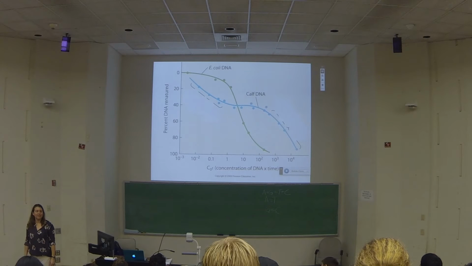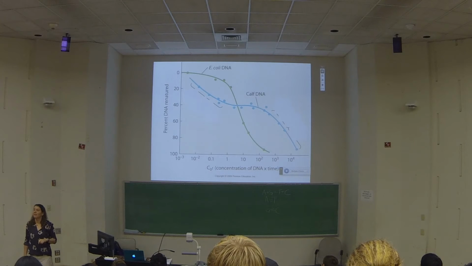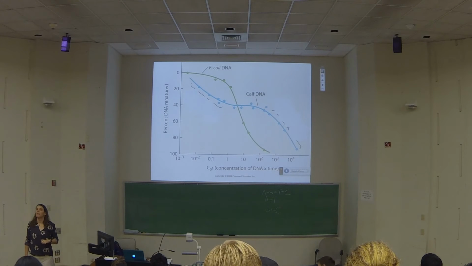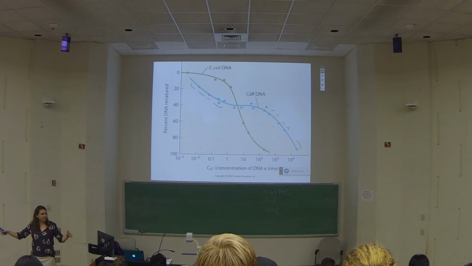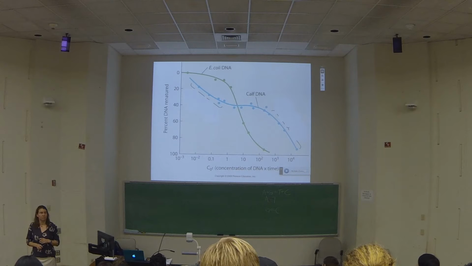What other things might drive some of the differences here? DNA structure, plasmid versus, well, they're both double helices, but plasmid versus chromosome, sets of chromosomes. That also plays a role. What else?